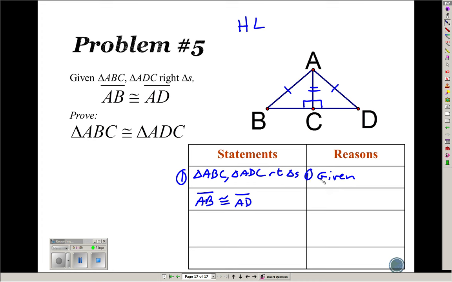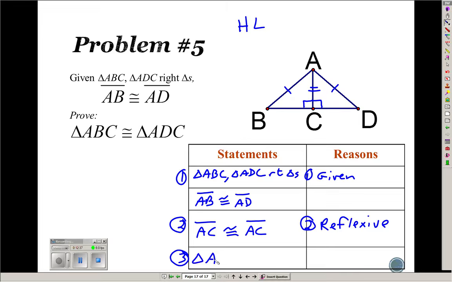That gives us that they're right triangles, and that gives us a hypotenuse. Well, let's go ahead and mark the leg. Since we have the side AC on both triangles, it is congruent to itself. And it's congruent to itself because of the reflexive property.